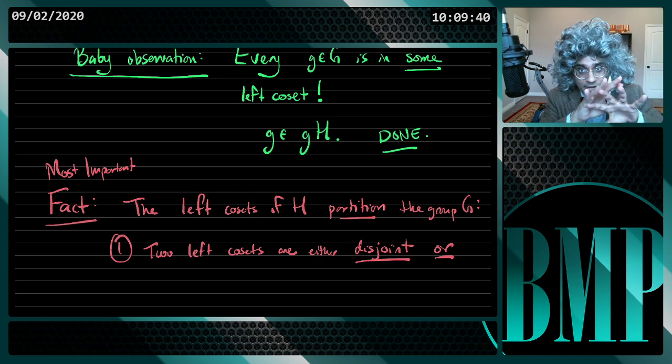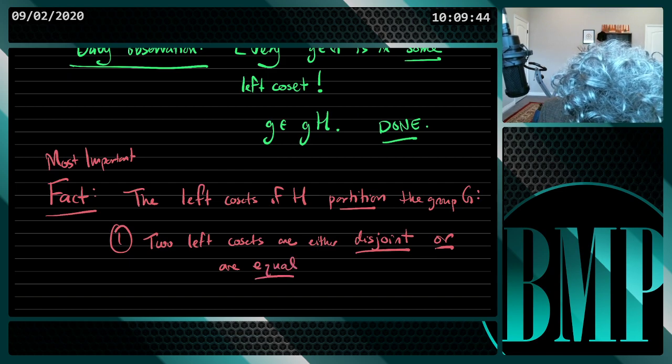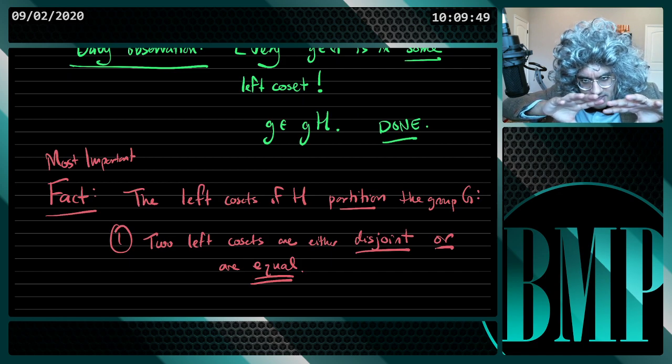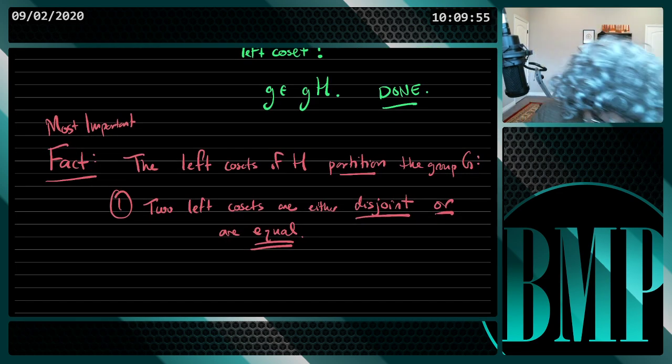They snap together and are equal. There is no intermediate way that two cosets can intersect without them becoming the same set. Okay, they snap together. So that's the first thing.